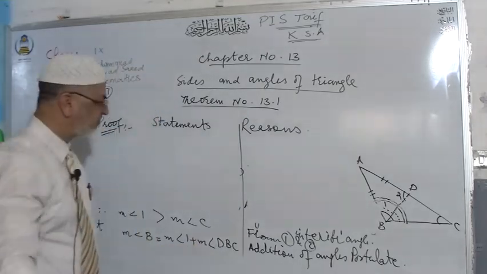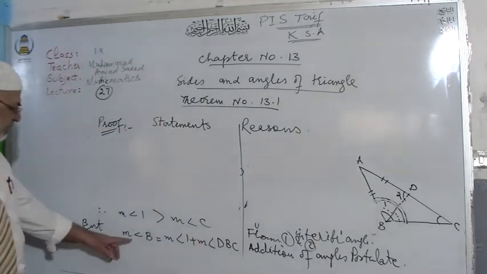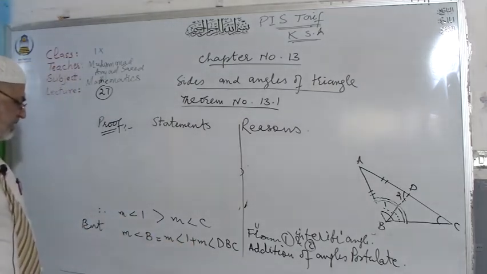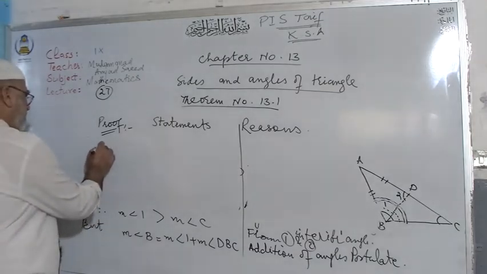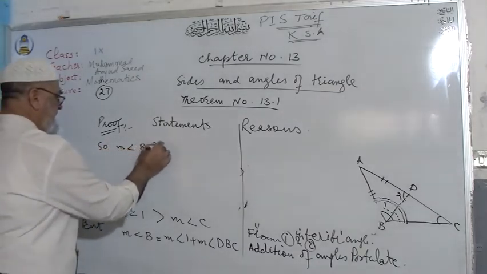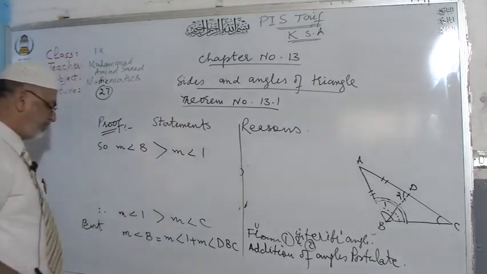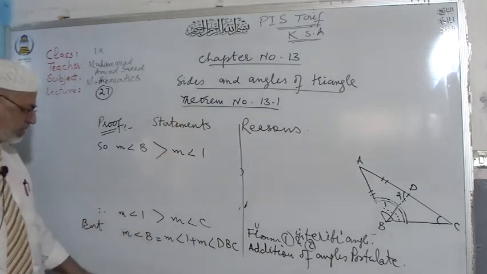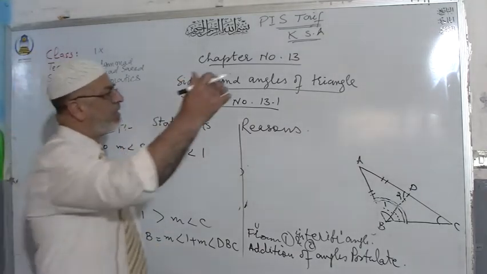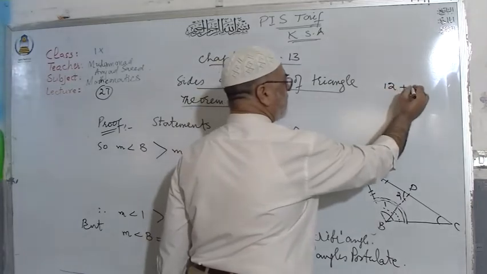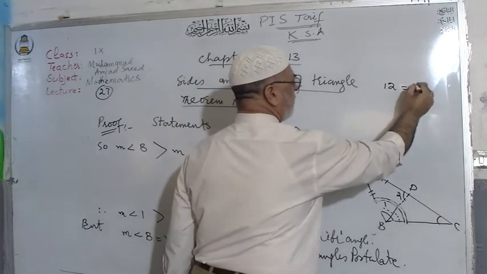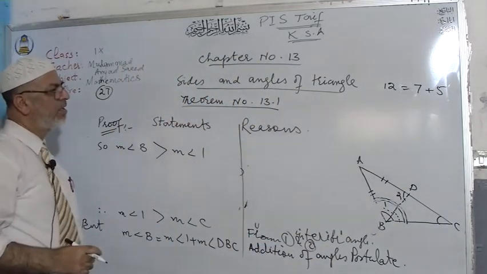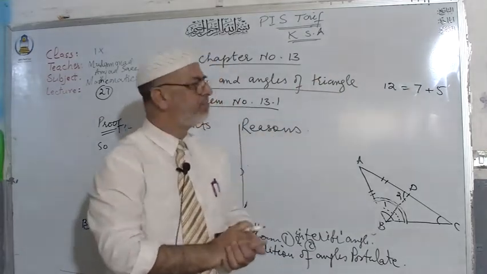After that, this angle B is equal to angle 1 plus angle DBC. So, angle B is greater than angle 1. Dear students, how can we say angle B is greater than 1? You can check this result from here. Suppose 12 is equal to 7 plus 5.